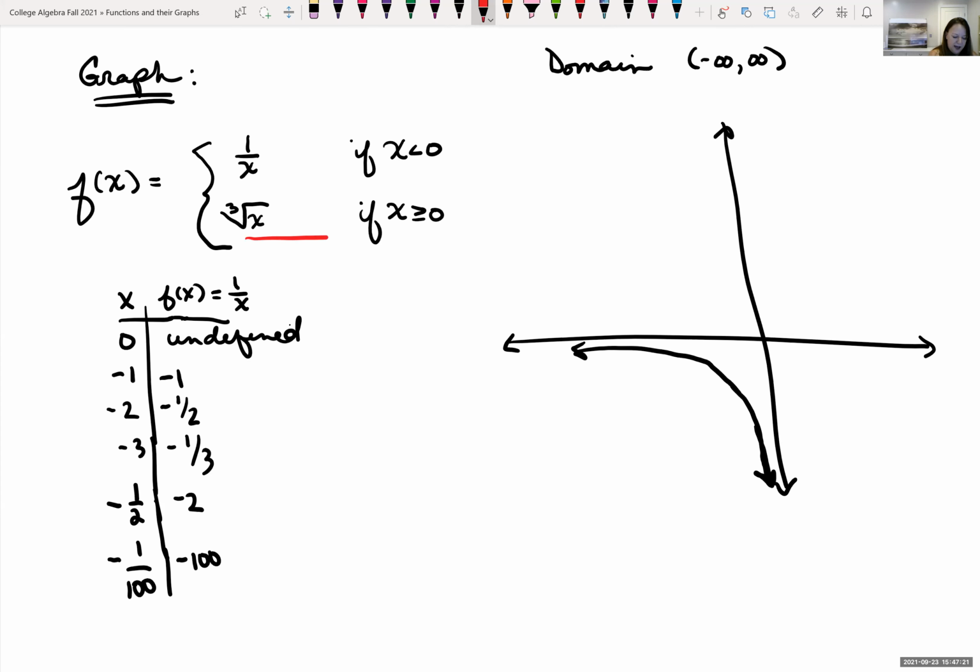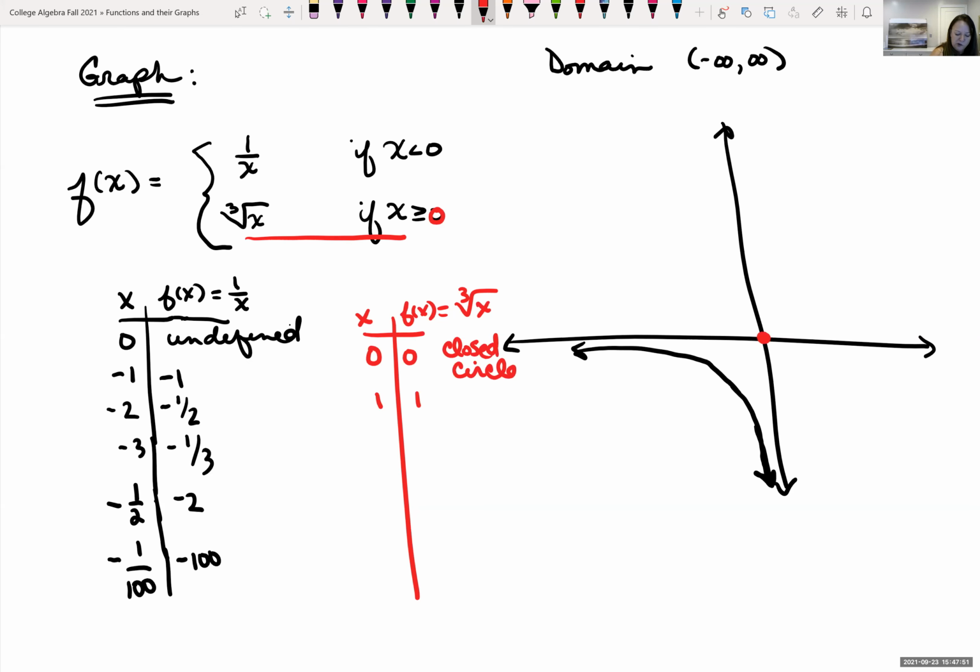So then we want to graph f of x equals the cubed root of x. I want to see what's happening at the endpoint value. If I plug in 0 here, I get the cubed root of 0, which is 0. And this is a closed circle. So at (0, 0), I have a closed circle. Anything bigger, so the cubed root of 1 is 1.